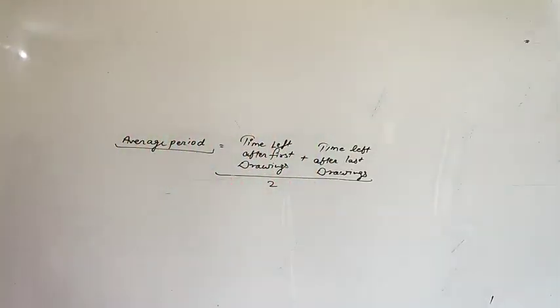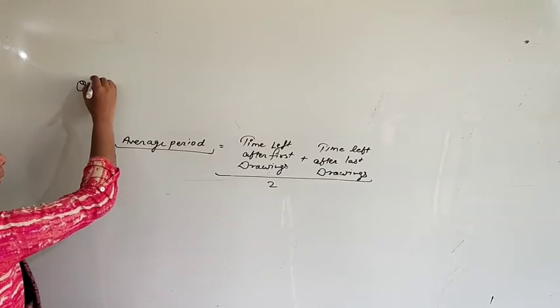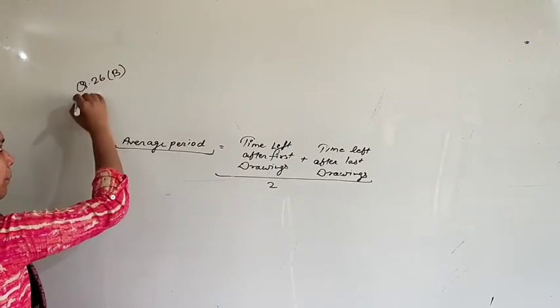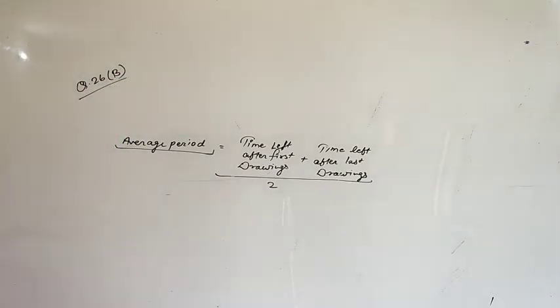Okay, let's take one question on the basis of these 3 cases. First of all, I am taking question number 26th B. X, Y and Z are partners in a firm. You are informed that X draws 4,000 rupees from the firm at the beginning of every month. This is the first case.